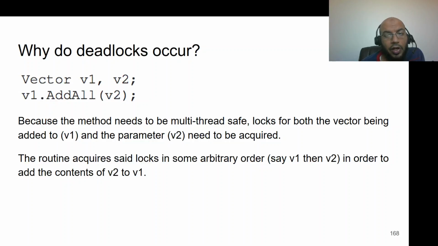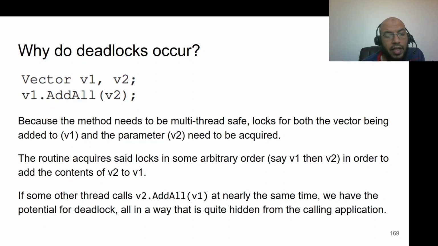It can acquire the locks on v1 first and then v2 in order to add the contents of v2 to v1, or it can do it the other way. If some other thread calls the opposite, v2.add_all(v1), at nearly the same time, you're completely out of luck, because you have a potential for deadlock: if the first one acquires the lock on v1 first and the second one acquires the lock on v2 first, you're deadlocked. All of this is basically hidden from the calling application.